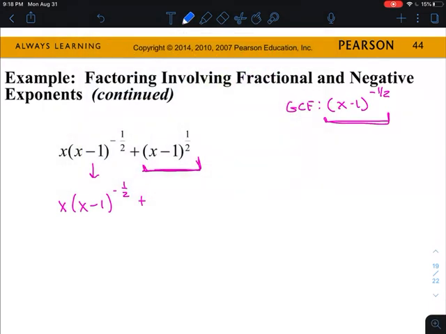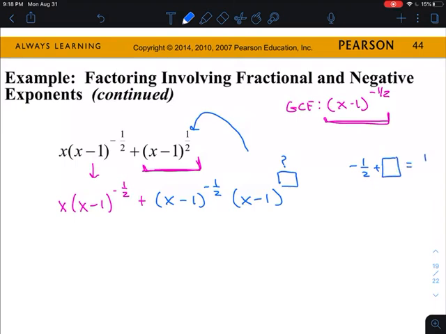So I'm going to use a different color just to organize it a little bit better. I need to have an x minus 1 to the negative 1/2, which means I need to have an x minus 1 to what power in order for these two pieces together to make a positive 1/2? A negative 1/2 plus what value is going to give us a positive 1/2?